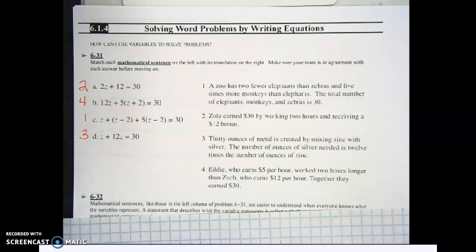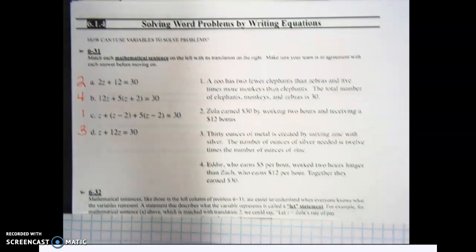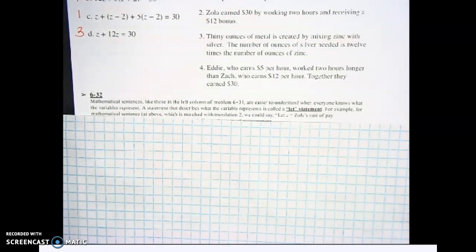Okay. All right. Question number 32 says, mathematical sentences like those in the left column of problem 31 are easier to understand when everyone knows what the variables represent. A statement that describes the variable is called a let statement.